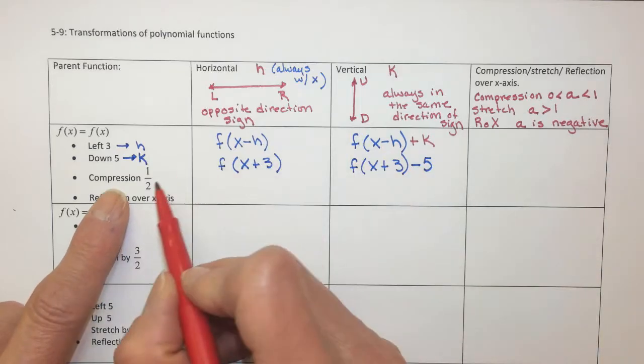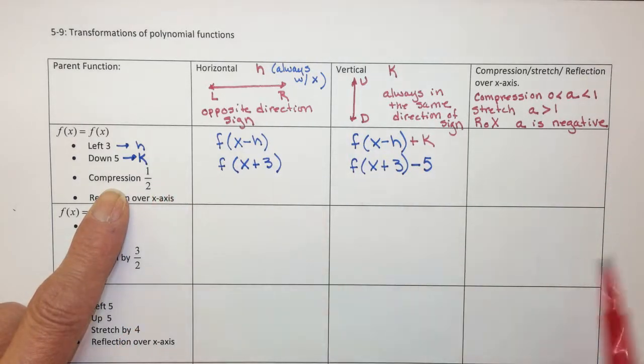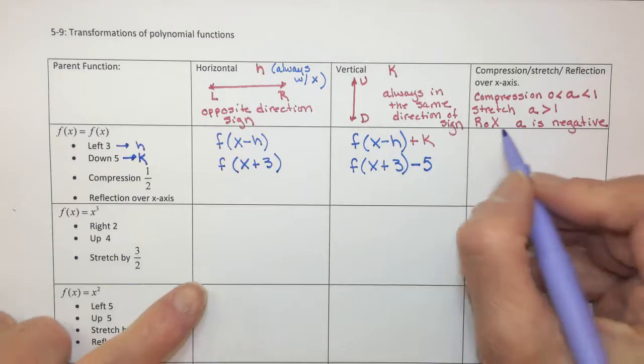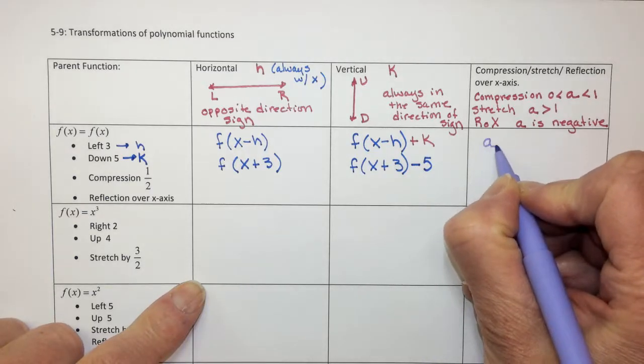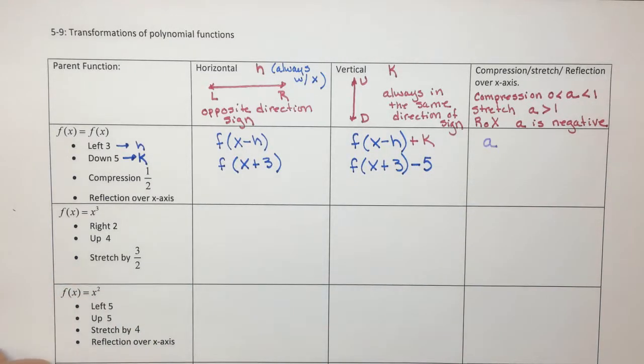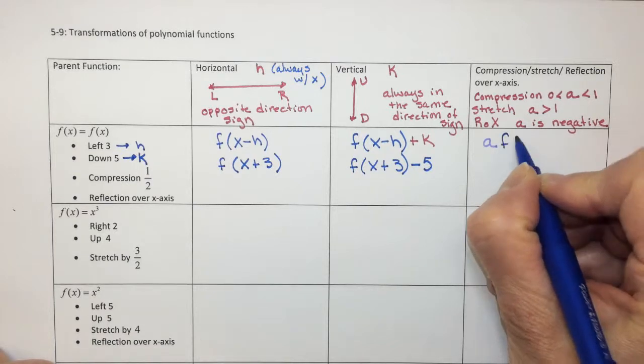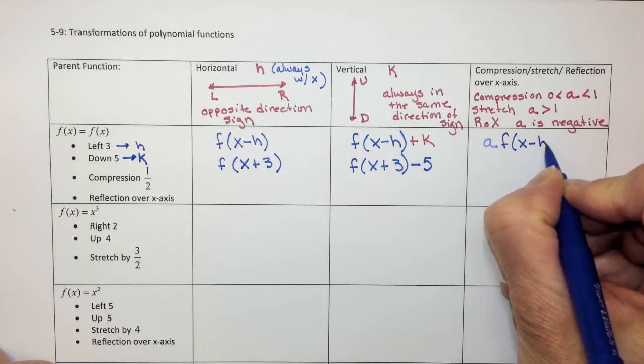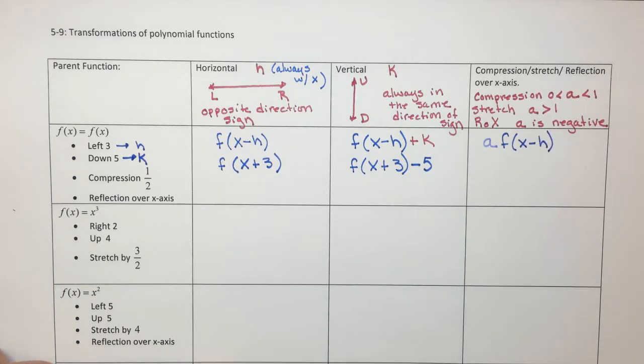So we're going to do a compression here. Going back to this format that I have here, our compression would be our a, and that gets multiplied to our function.